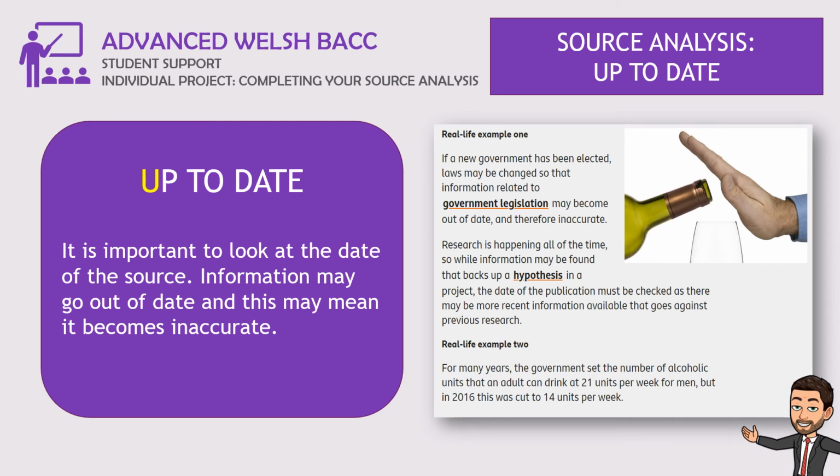Very often it might be that the published information or data may actually be worse now. So if we're talking about, let's say, climate change, and the data you're using is from 2016, it's quite likely that the data regarding climate change has probably got worse. So you would consider that in your source analysis.